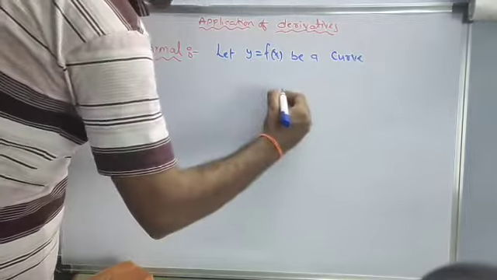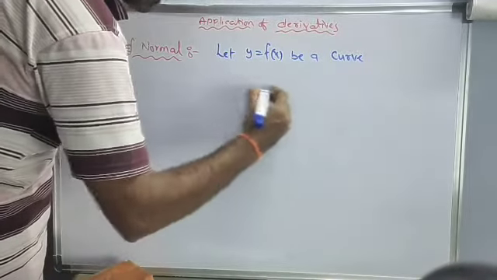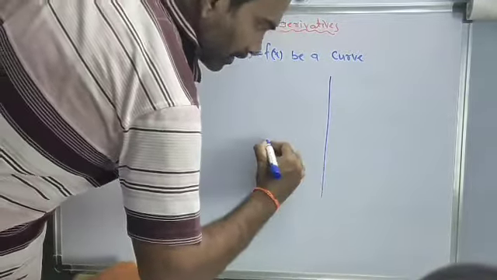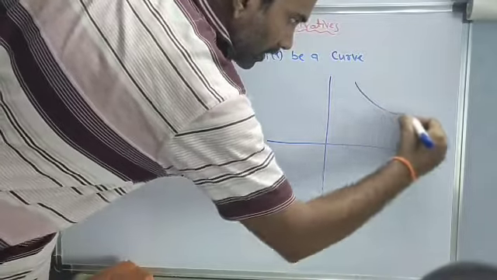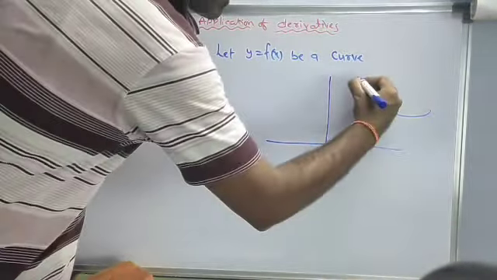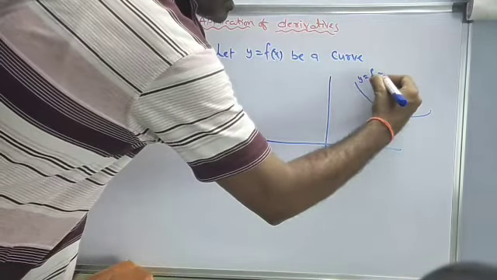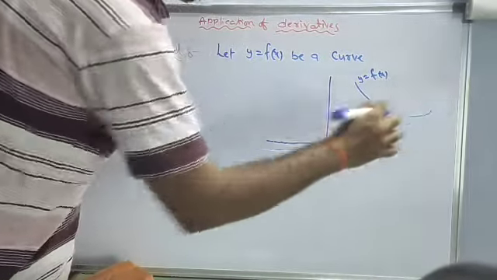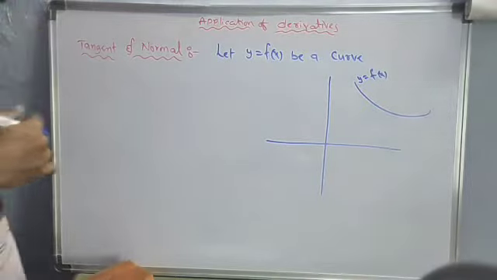For example, here I am taking the curve like this. So what is this curve? y equal to f of x. In this curve we are having many different points.